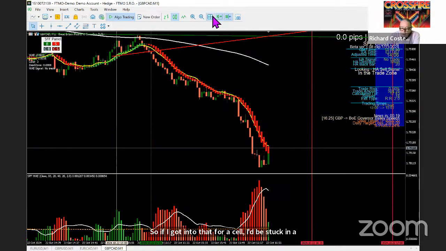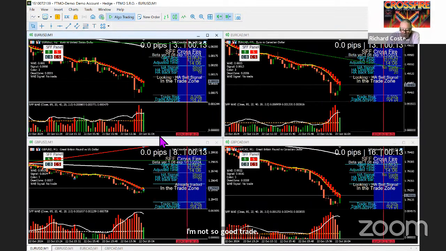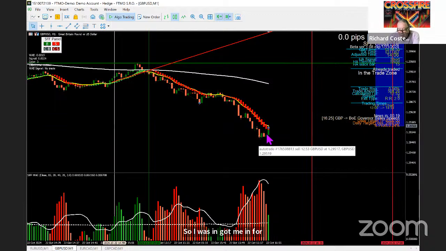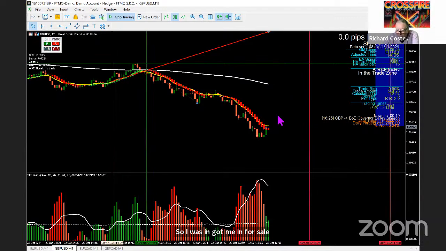I'm going to go back to look at that one I'm in. It's taken me out. So I was in, got me in for a sell. It's taken me out because it went back up to my stop loss. So I've lost half. Well, the good thing is I've only lost 0.5%, whereas in the winning trade that I made previously, I made a full 1%.